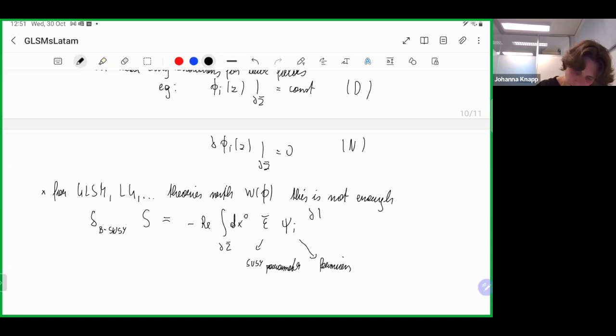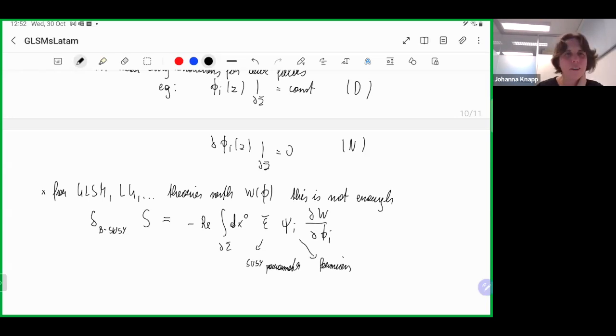And then you have dw d phi I. So the psi is the fermions you want to give periodic or antiperiodic boundary conditions, as you would usually do in a Rothschild theory. So basically the only way you could cancel this term is by having a constant superpotential.